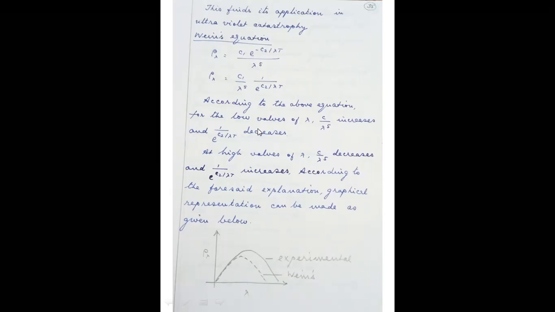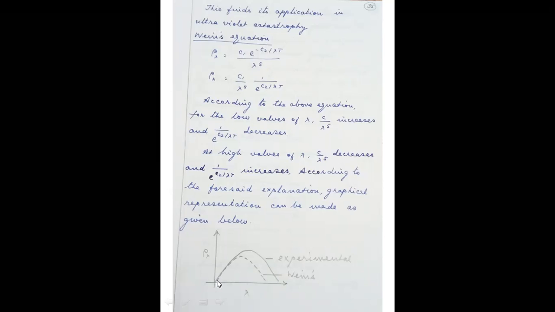According to this equation, when the lambda value is very small, C1 by lambda power 5 will increase and 1 by e power C2 by lambda T will decrease. For high values of lambda, this factor decreases and that factor increases.